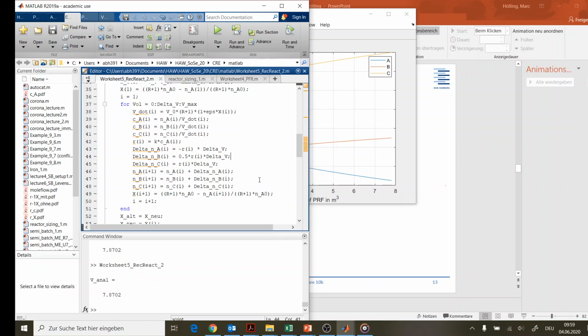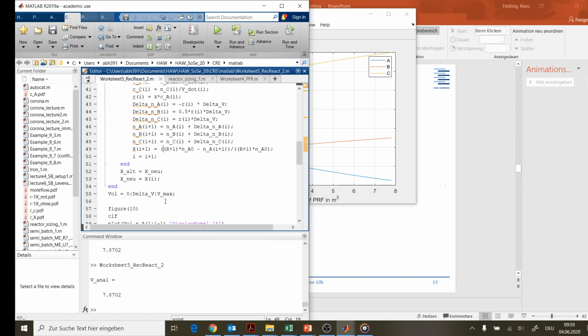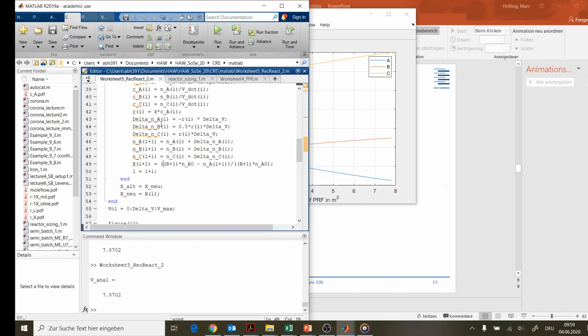Then I update my mole flows, and with this I update my conversion. Then I increase my integration counter, and basically that's it.